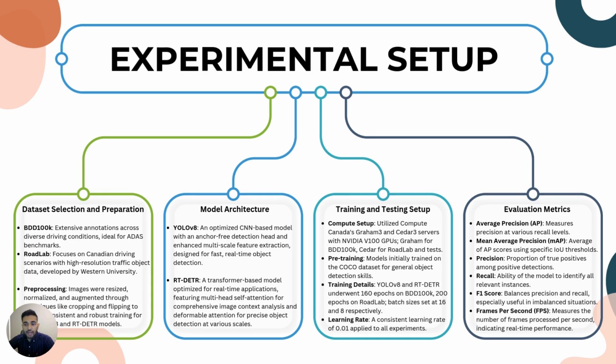It introduces an anchor-free detection head, which eliminates predefined anchor boxes to streamline the detection process and reduce computational overload. Enhanced feature pyramid and path aggregation networks allow for efficient multi-scale object detection in YOLO.